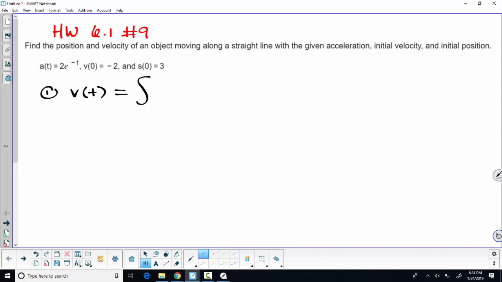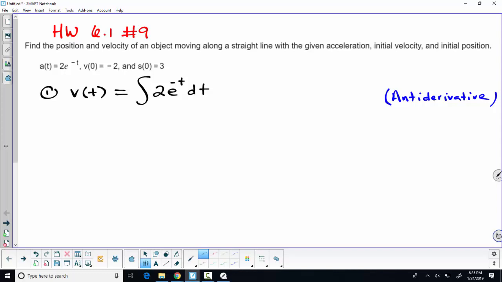So maybe we'll do this both ways. This is our antiderivative method. And then we'll look at the fundamental theorem, which is still, again, based on the antiderivative. So just a straight antiderivative.